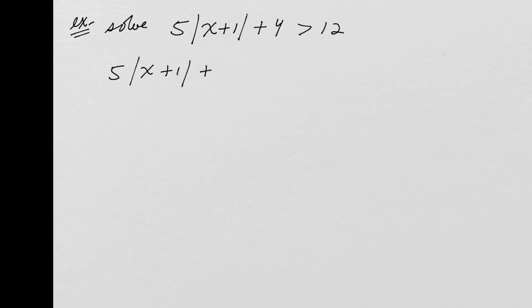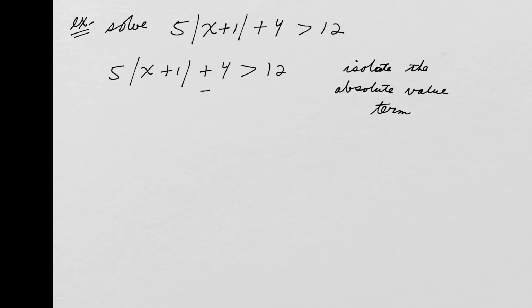I'm just going to write this over again. You want to isolate the absolute value term. So I would subtract 4. Get rid of that 4 first.